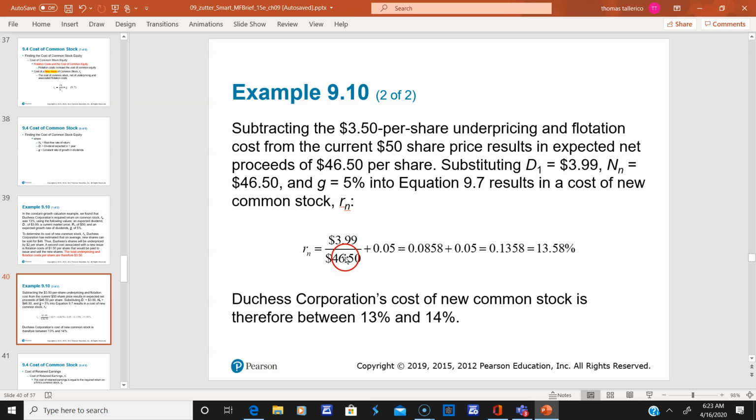So you're subtracting the $3.50 from the price, and here is the dividend, $3.99, and here's your growth rate. And that says your required return on a new issue will be 13.58%.